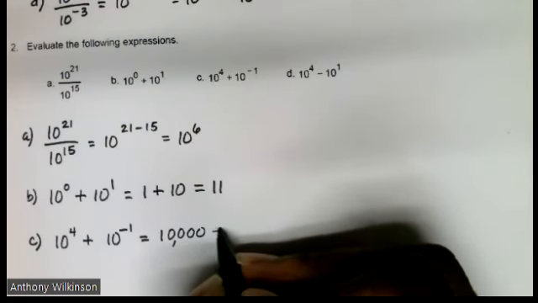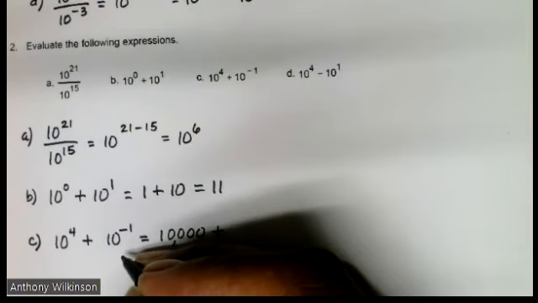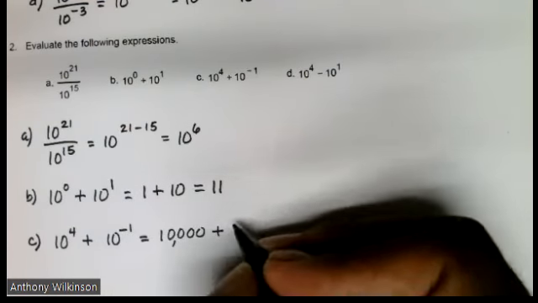All right, part C is an addition problem as well. 10 to the 4th plus 10 to the negative 1. Well, 10 to the 4th will be a 1. That exponent of 4 means I need 4 zeros behind the 1. So it'll be 10,000 plus, 10 to the negative 1 means I'm going to have one number after the decimal point.